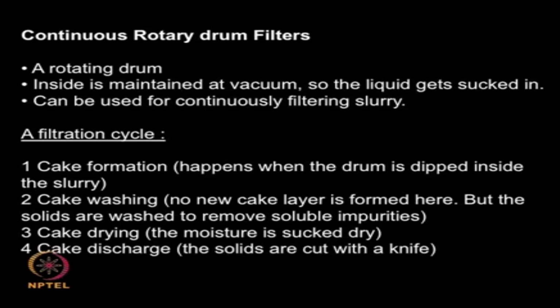So you have pure solids stuck on the top, and then that solid is scraped and collected, and then again the drum, which is free from the attached solid, once again sucks in the liquid, and the solids in the slurry get attached to the surface. So this process keeps happening continuously. So I can filter a slurry continuously, I can collect wet solids continuously.